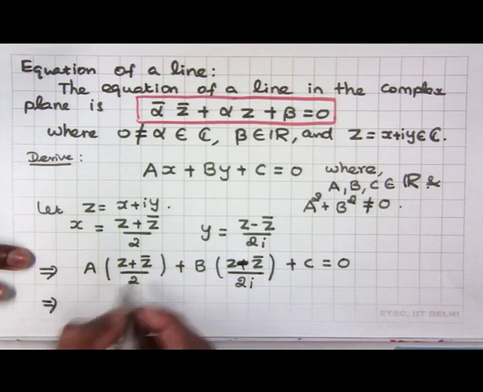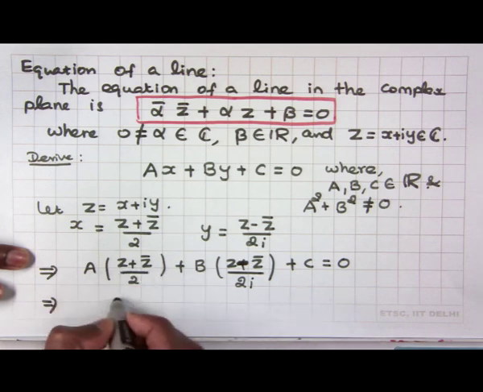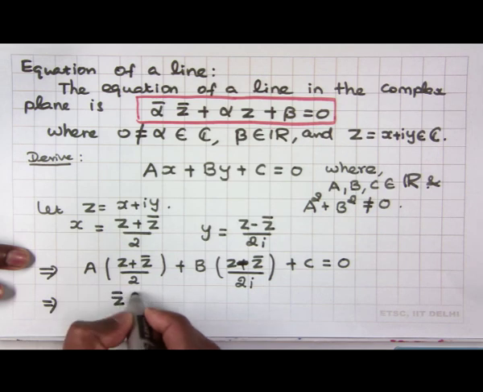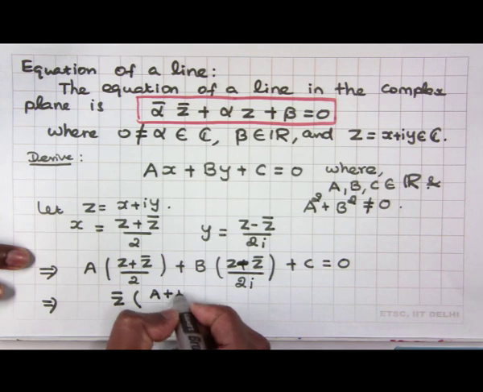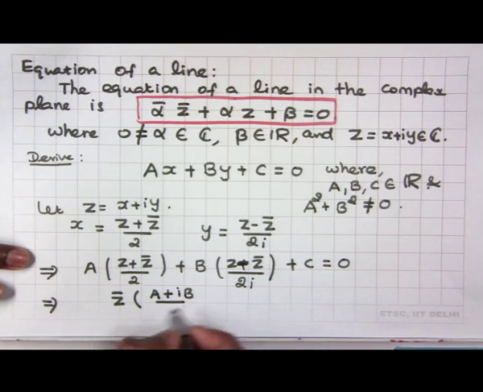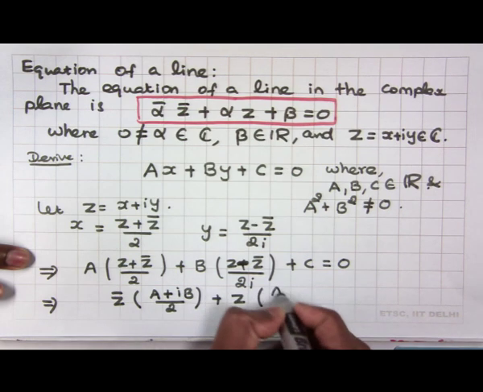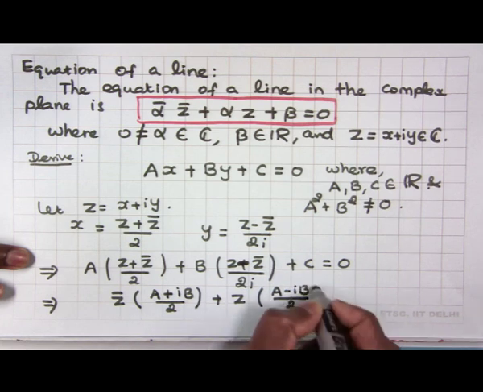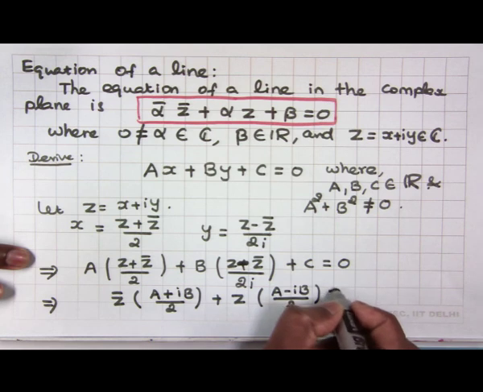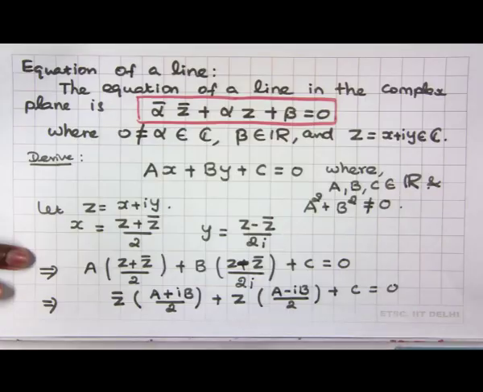Combining the coefficients, we see that it is z bar times (a + ib)/2 plus z times (a - ib)/2 plus c equal to 0.